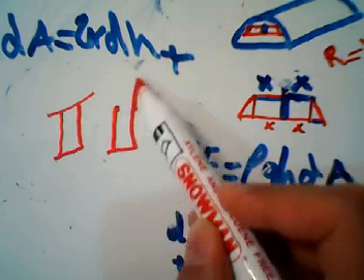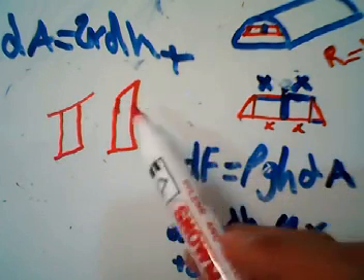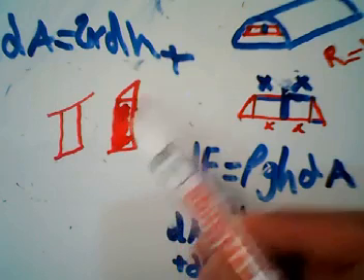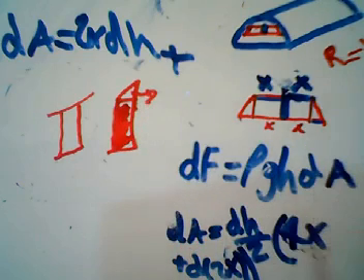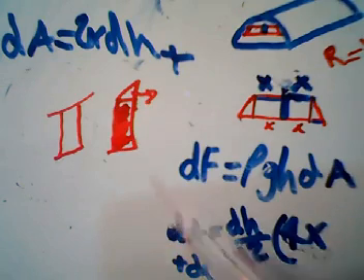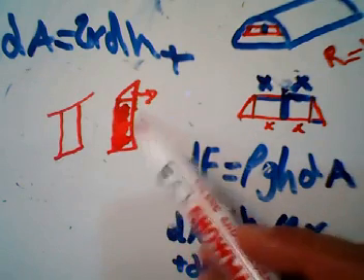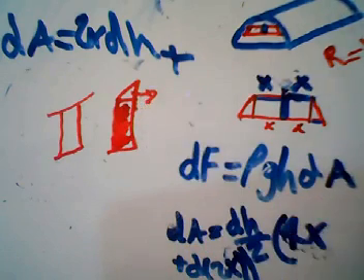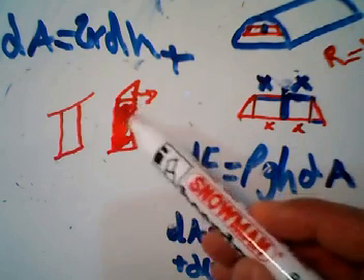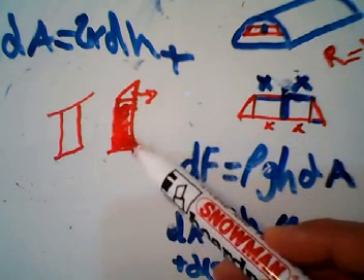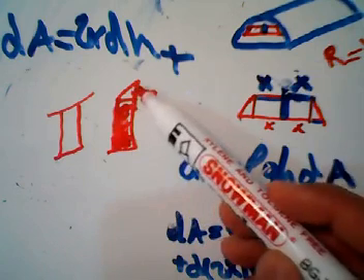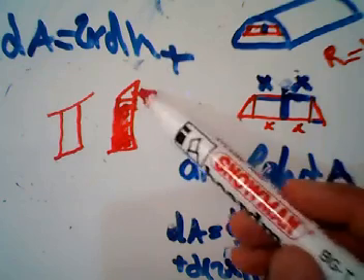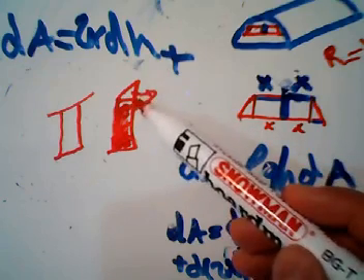For that infinitesimal part, the area of this was an infinitesimal of the first order, and the area of this little triangle was of the second order, and we ignored it in comparison.